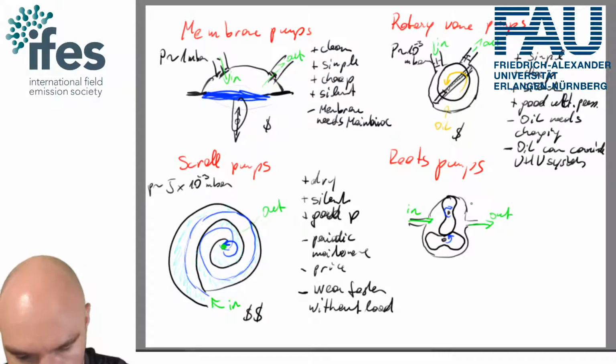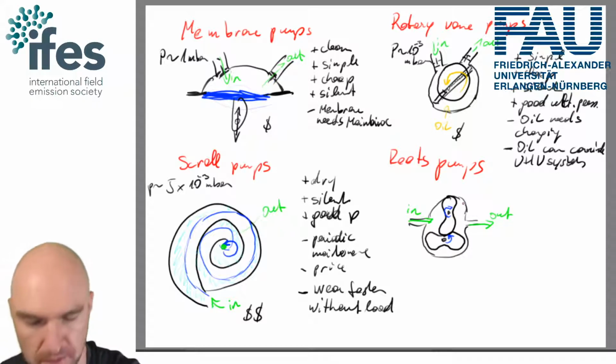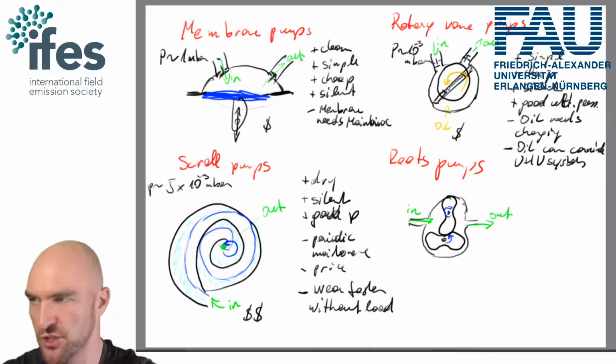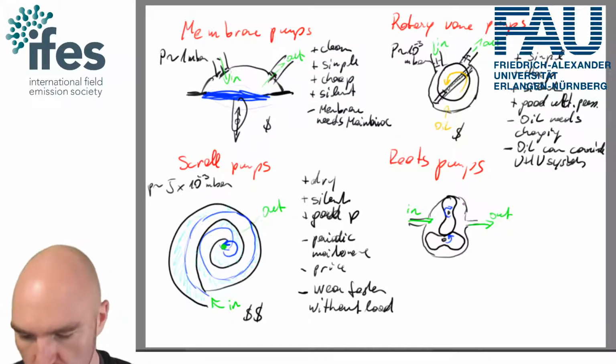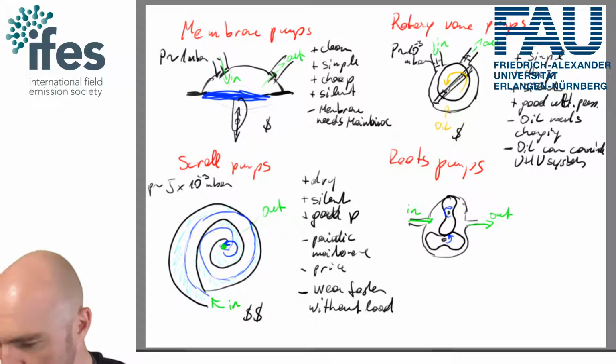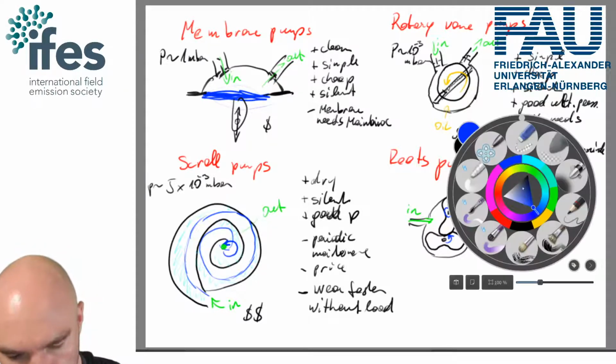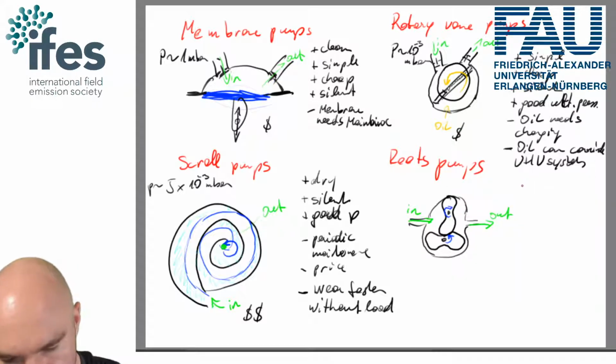And you usually have multiple stages, so that you have an entire row of these root cylinders, all connected to each other, and so you get an entire cascade of roots pumps, getting you to a good vacuum.